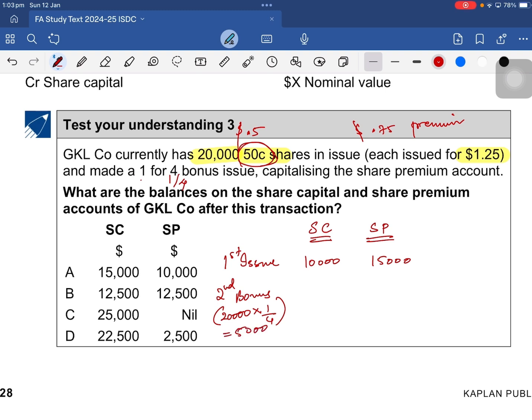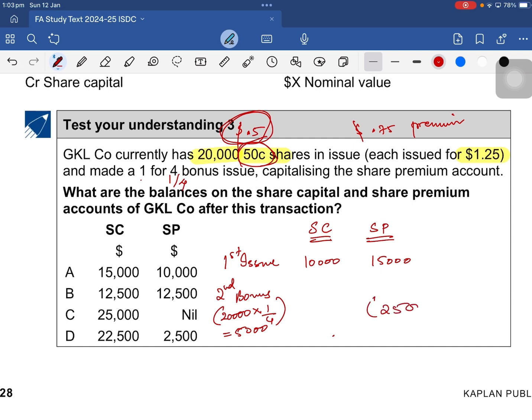But the problem is, in this case, you are taking that away from share premium. And for a bonus issue, always the amount would be the nominal value, 0.5. So 5,000 into 0.5 would be 2,500.